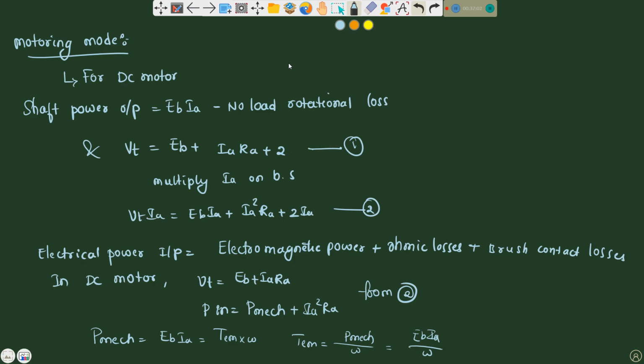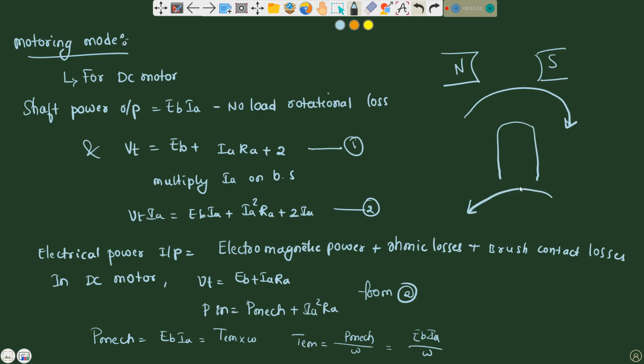So assumptions to find the direction of induced EMF in the armature winding: the armature rotates in anti-clockwise direction, but poles are rotating in clockwise direction. You should remember that. In order to find the direction of induced EMF, you should remember that the poles are rotating in clockwise direction. Let me draw it separately. And the armature in between them is rotating in anti-clockwise direction. Understood?